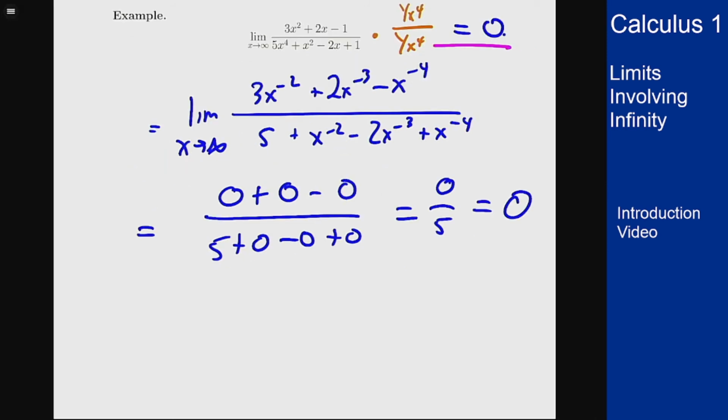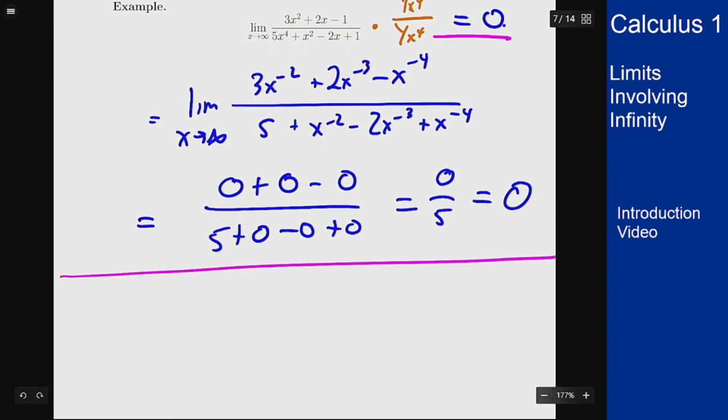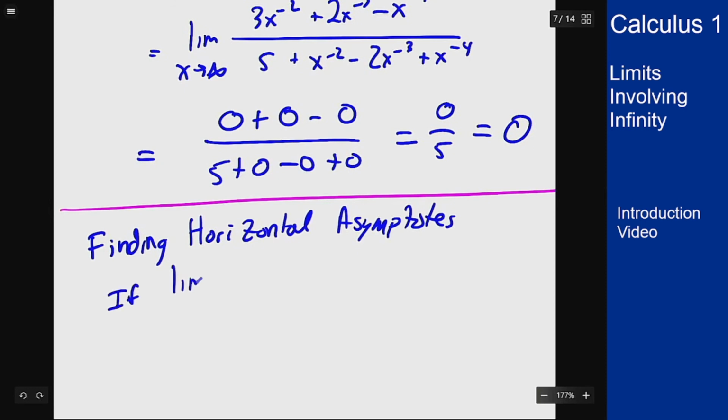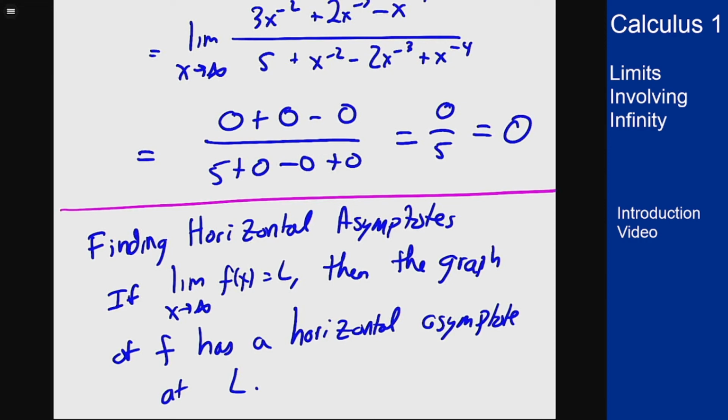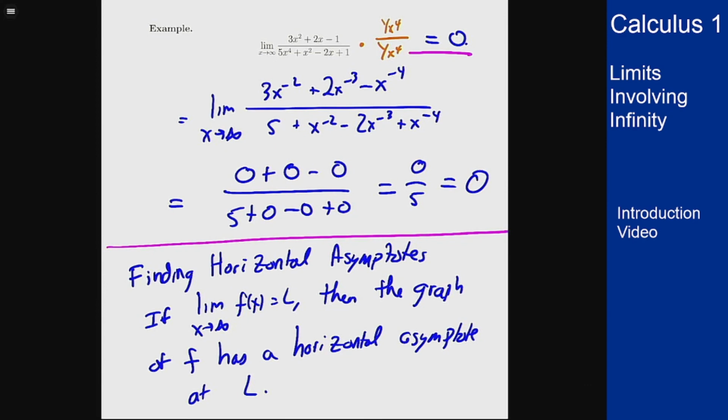To put this more into context, this idea is the same thing as finding horizontal asymptotes. A horizontal asymptote is really what's the function doing as the input goes to infinity. So if limit x goes to infinity of f of x equals L, then the graph of f has a horizontal asymptote at L. With that context, this result probably doesn't surprise you, because in previous classes you probably looked at these sorts of functions and found asymptotes based on the powers of the leading terms on these expressions.